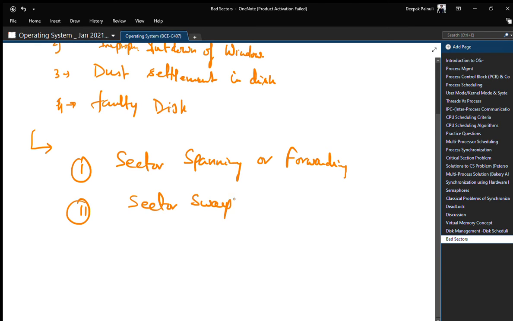These are two techniques which a manufacturer can use to solve the bad sector problem, right? So this is totally dependent on the disk controller in use.